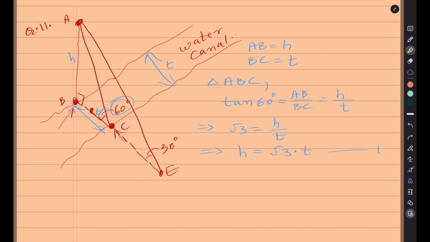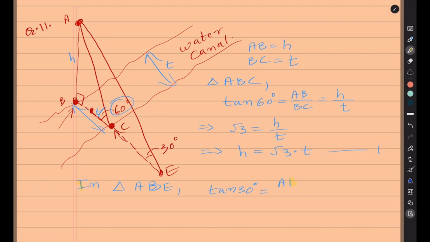In triangle ABE, tan 30 degrees is equal to perpendicular divided by base, and the base will be BE, the whole distance.